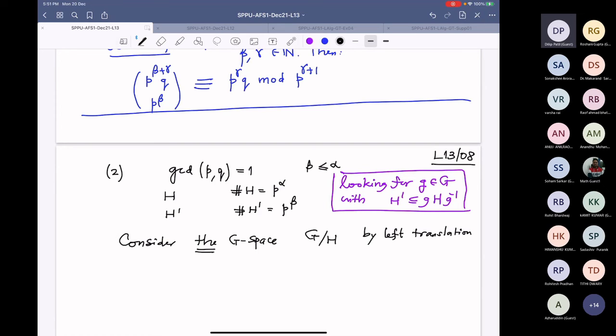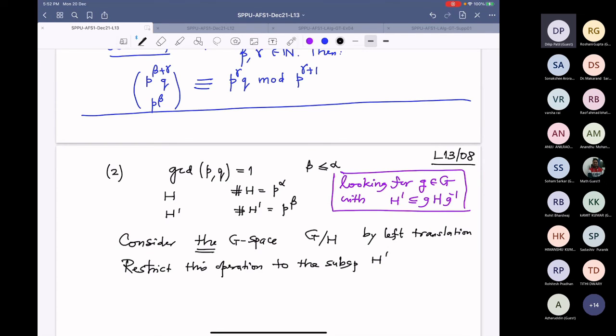And I'm going to restrict this operation of G on this to the subgroup H prime. In other words, I'm considering the H prime action by left translation on this G/H.